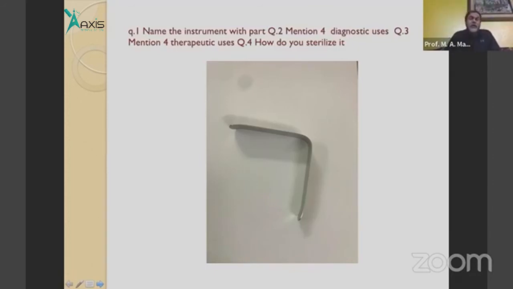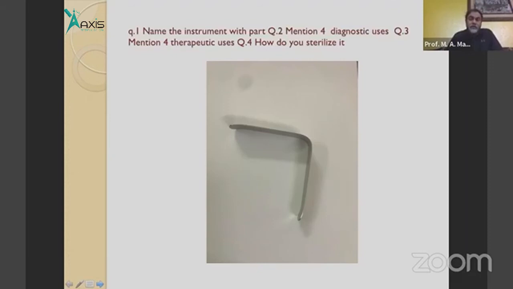Therapeutic use, as you know, to do some procedure from the throat, like to take any foreign body from the throat, especially removal of foreign body from the throat, from the oral cavity, from the oropharynx. We can also use this one as a posterior endoscopic examination to see anything in the nasopharynx or to take anything from the nasopharynx.